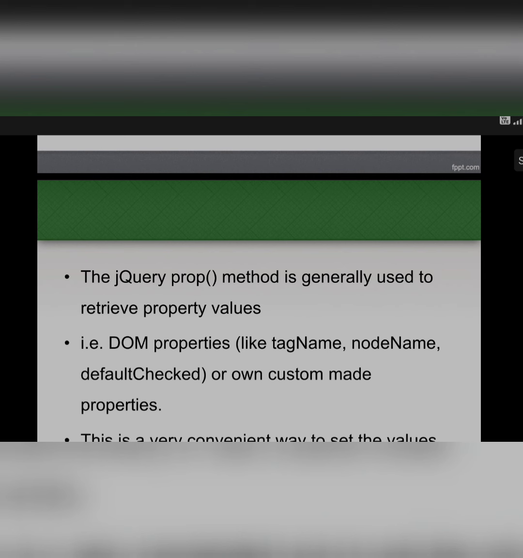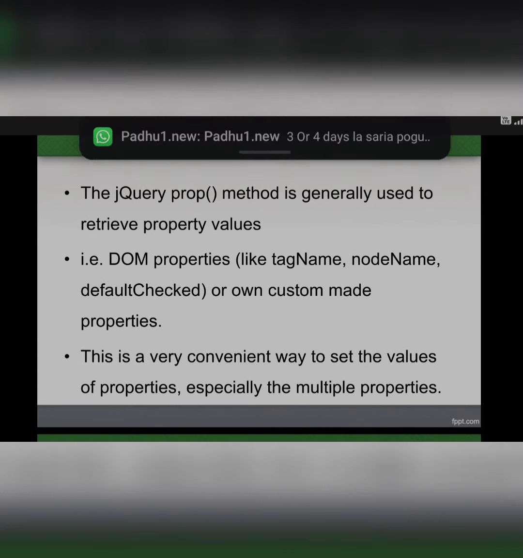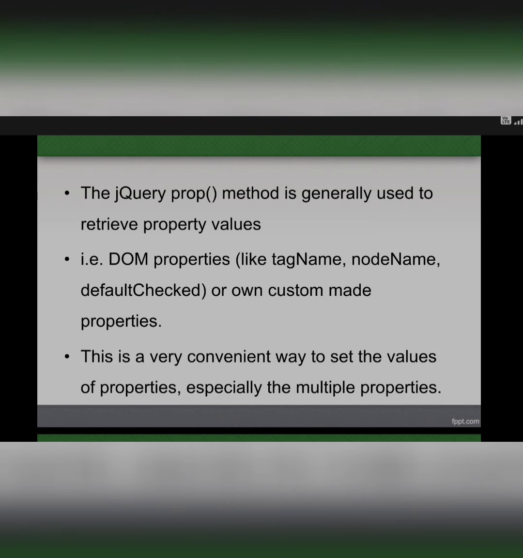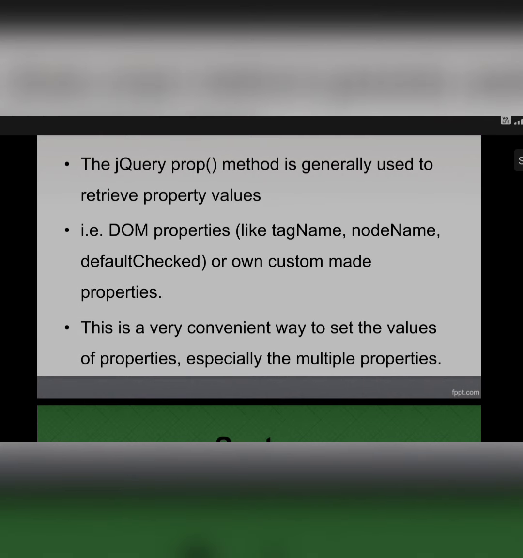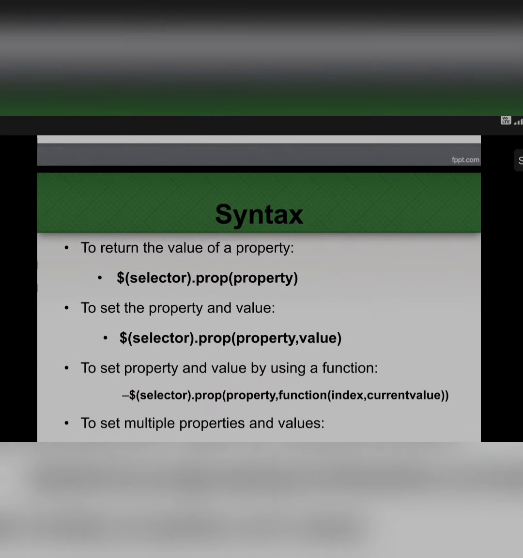The method is generally used to retrieve property values of document object properties like tag name, node name, default checked, or your own custom properties. This is a very convenient way to set the values of properties, especially multiple properties.